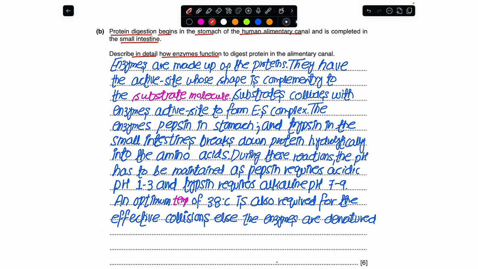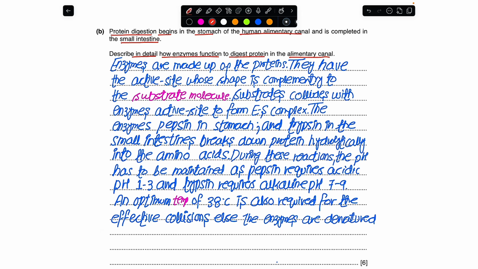And then the second part is that you are required to relate it to the protein digestion and that too in the alimentary canal. So the first 3 points should be there in terms of the enzyme function, general points, and then the other 3 points should be in terms of the enzymes responsible for the protein digestion. So either we would write it in context of pepsin or trypsin.